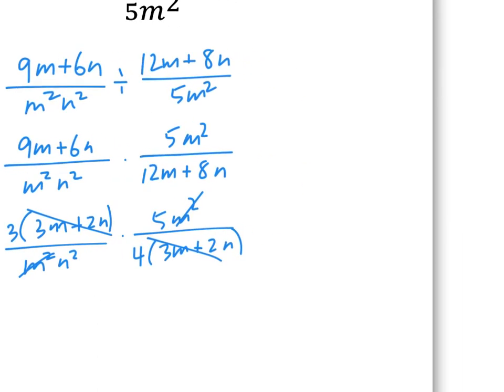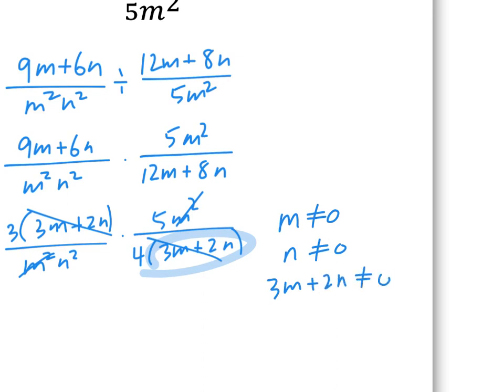What's in the denominator that can't equal 0? So we have an m, right? So m can't equal 0. N can't equal 0. What else? Yeah, m and n can't equal 0. Anything that's a factor cannot equal 0. So that whole thing cannot equal 0. 3m plus 2n. Okay, what does that mean?